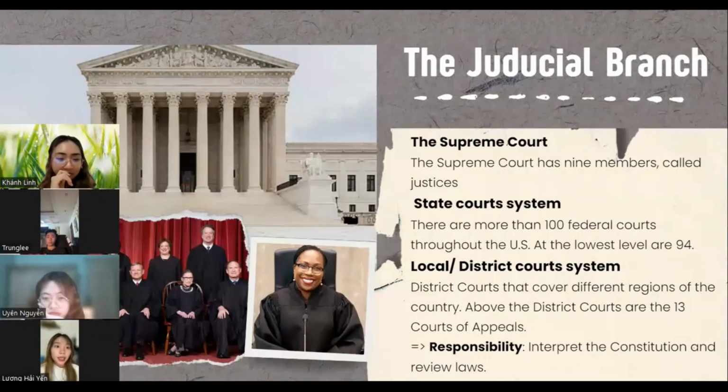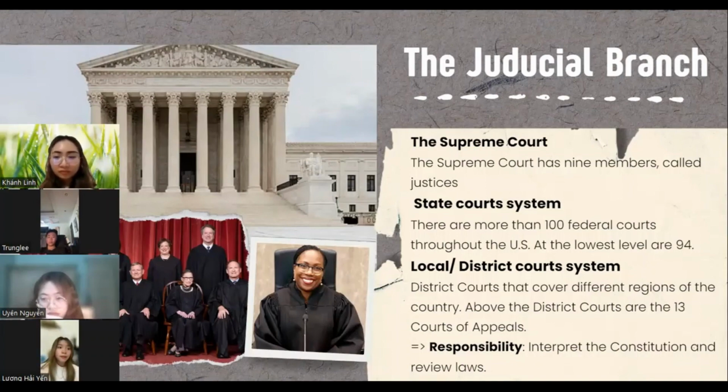There are more than 100 federal courts throughout the U.S. At the lowest level are 94 local district courts that cover different regions of the country. Above the district courts are the 13 courts of appeals, and their responsibility is to interpret the Constitution and review laws.